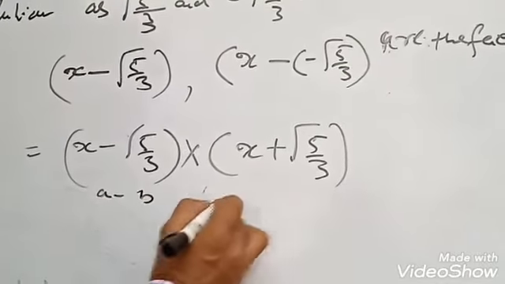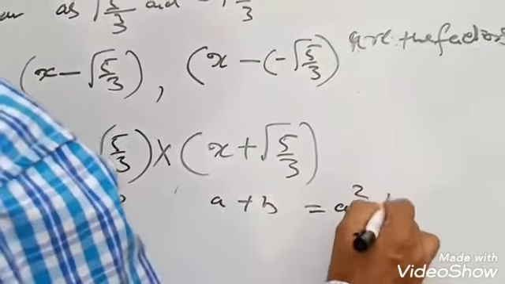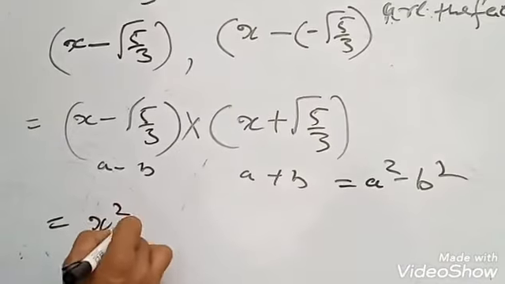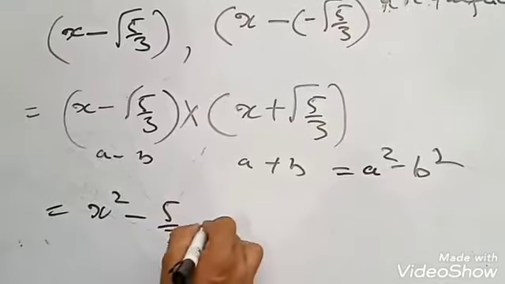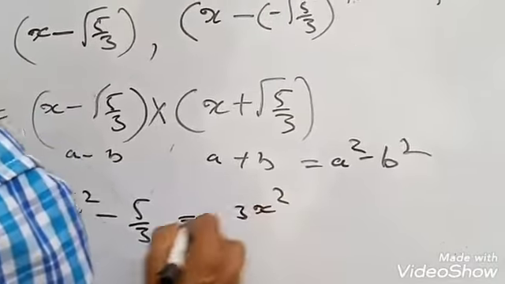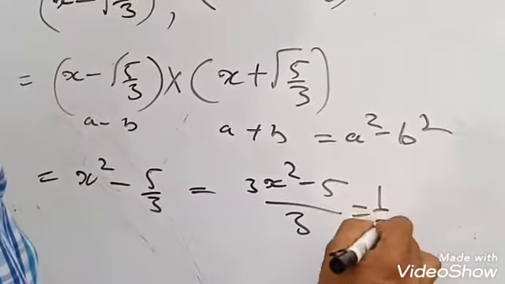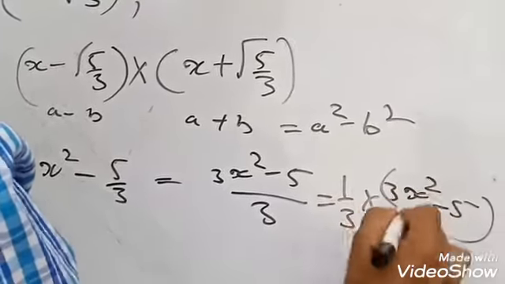This is a minus b and a plus b, and the multiplication is equal to a square minus b square. Here a square is x square, minus b square, that is 5 by 3. This is equal to 1 by 3 into 3x square minus 5.